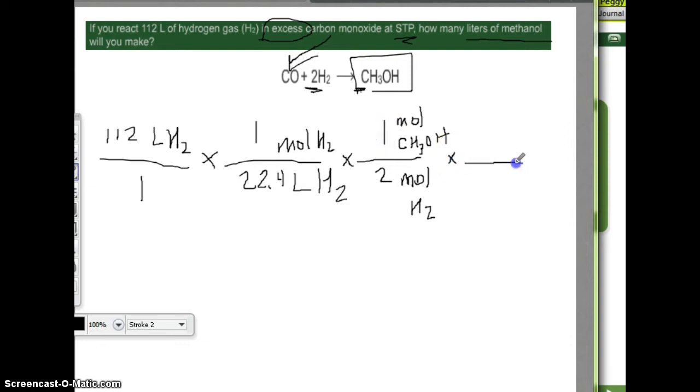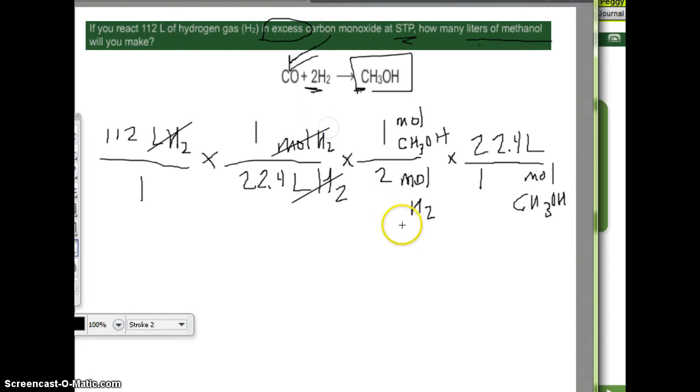All right, so now what has to go on the bottom of my next fraction has to be moles of CH3OH. And what am I converting to? Liters. So again, 1 mole of any gas at STP is 22.4.